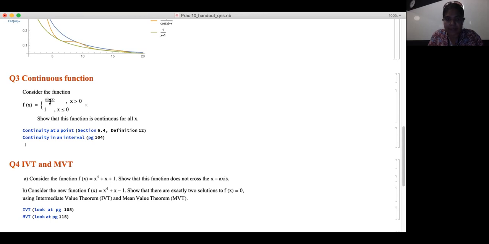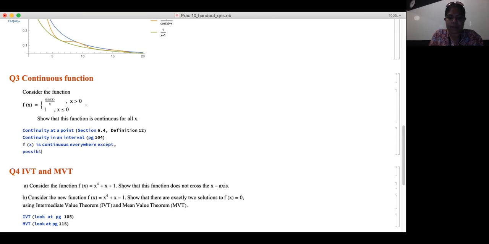Sine x should be continuous. Sine x divided by x when x is positive is also continuous. So f(x) is continuous everywhere except possibly at x equals 0. Then we check whether this is continuous at 0.